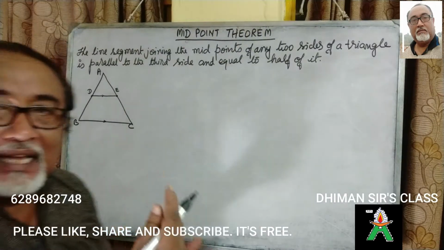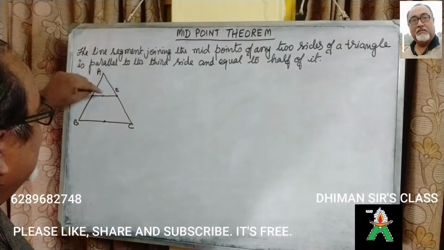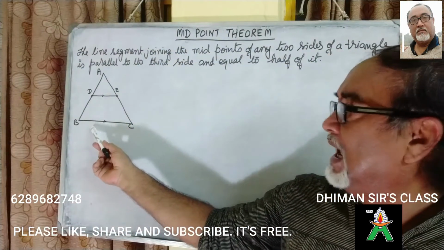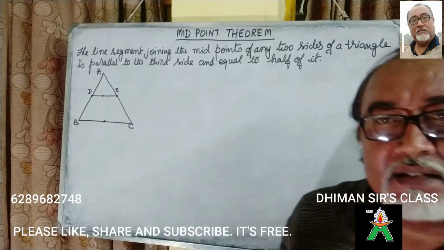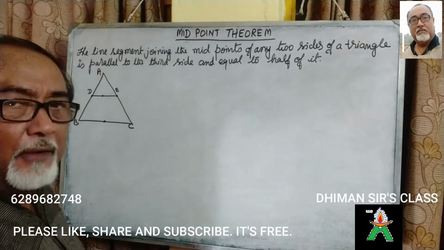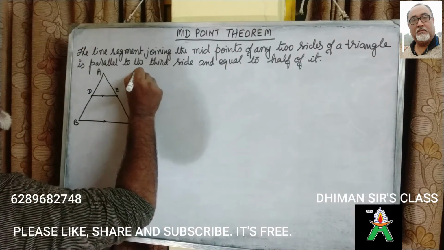The two things we have to prove: one is DE parallel to BC, and the other is DE is equal to half of BC. For this, we have to start with proper stepping. So what are we given?